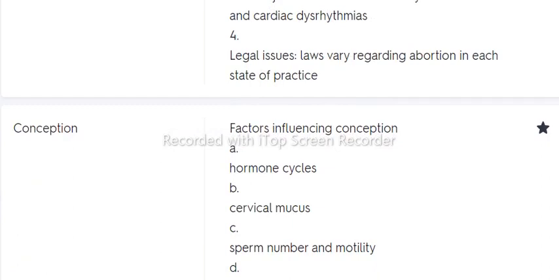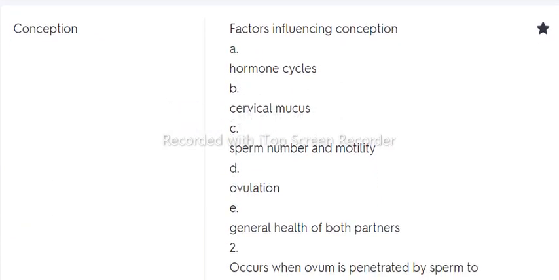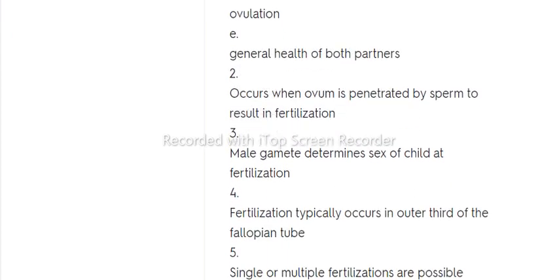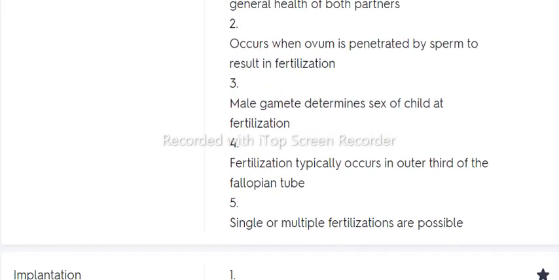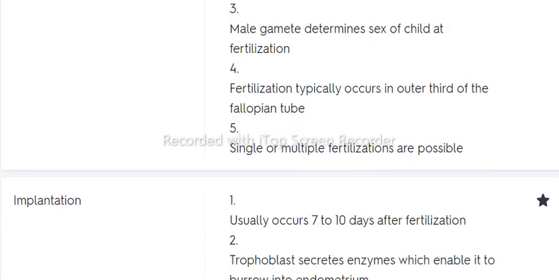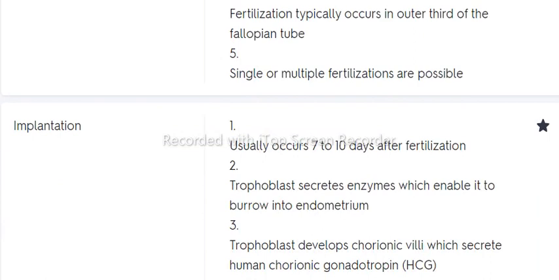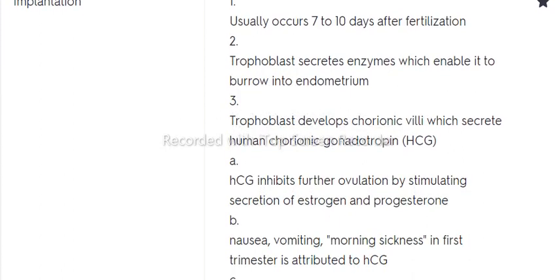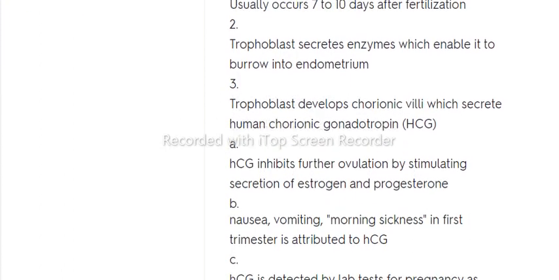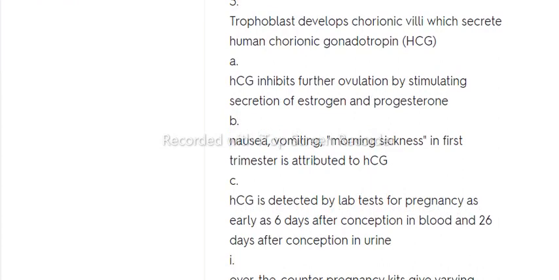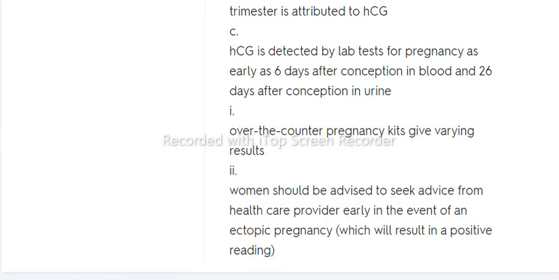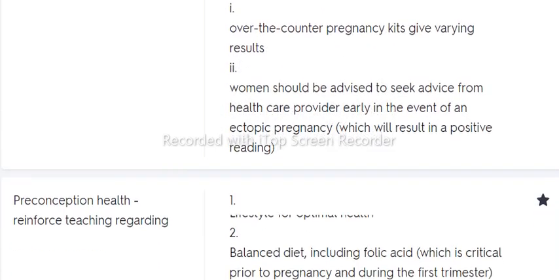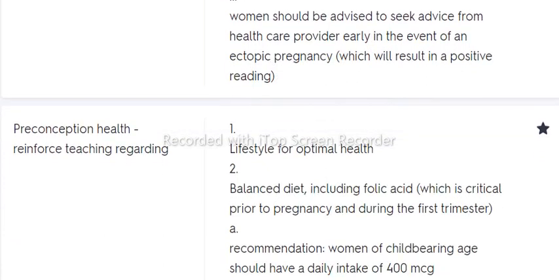Conception. Implantation. Preconception health.